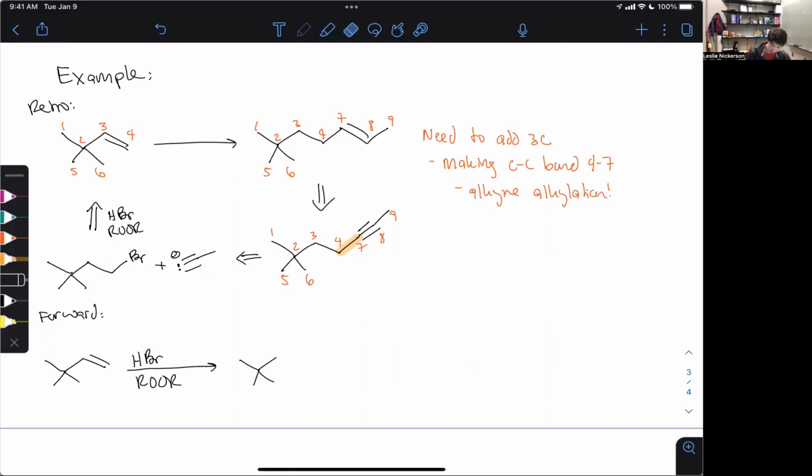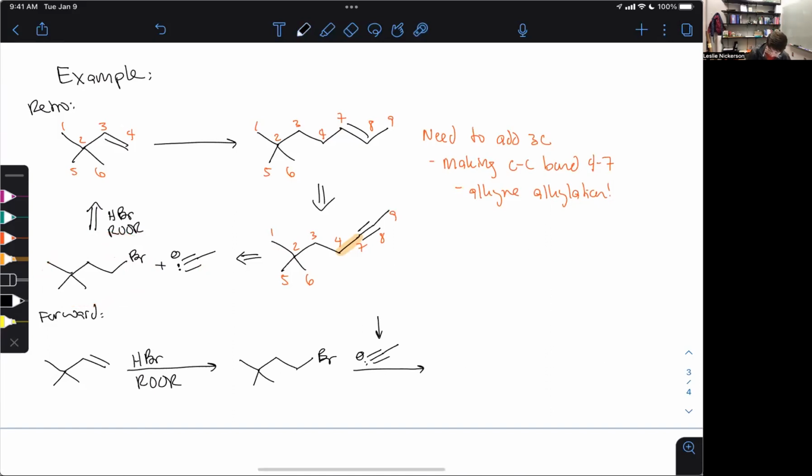Once I don't add extra carbons that we don't need. Okay, so we can get to this intermediate. And then we need to do our alkyne alkylation. Okay, so we can use our deprotonated alkyne.